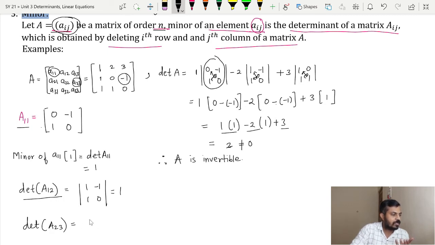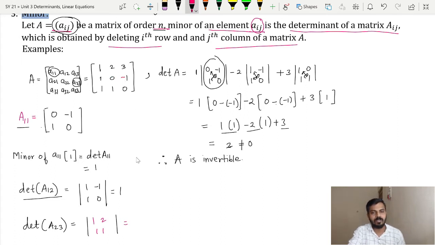In order to get it, we are supposed to delete the second row and third column. If I delete this second row and this third column, what am I going to get? 1, 2, 1, 1, and the determinant of this matrix will be the minor of -1. So this is how you find minors. The rest of the minors are homework, you can try it on your own.